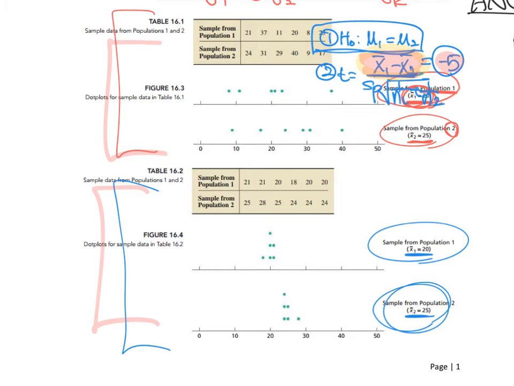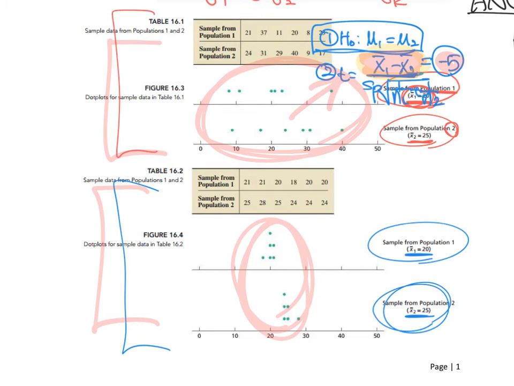It's just a 5, right? But when you look at these two distributions, what can you see? When we take the test statistic, the t-score, we took not only the sample mean difference, but also the denominator.